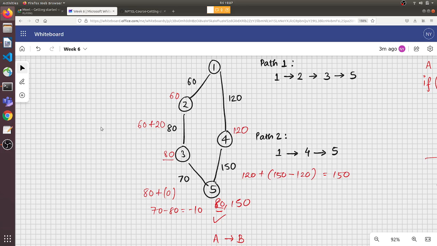Okay. So basically you'll find all the paths from 1 to 5, right? And in those paths, where the maximum edge weight is the smallest, you pick that.